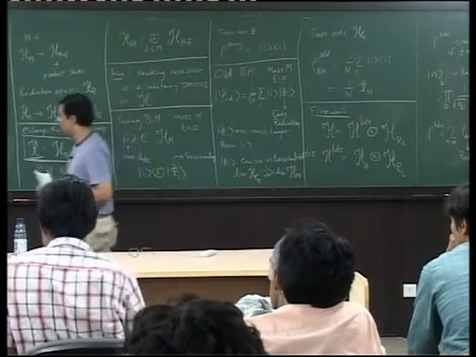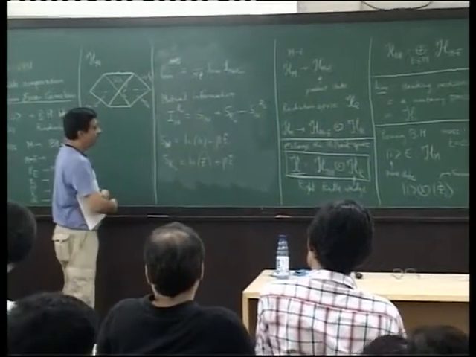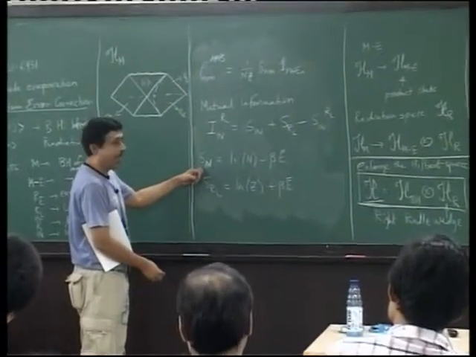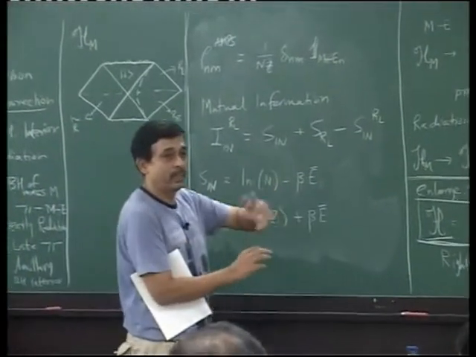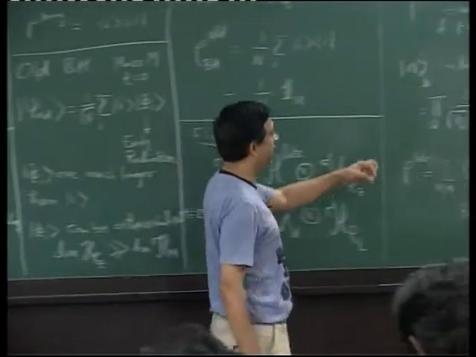But in case you don't want that, I could just say this is S_A, where A is the part which is across the horizon, and B is the one where there are these B radiation modes.